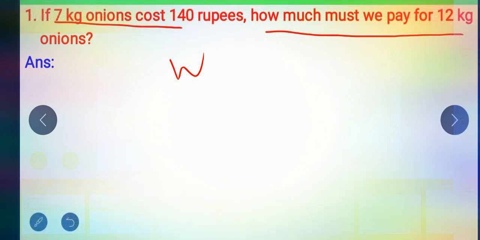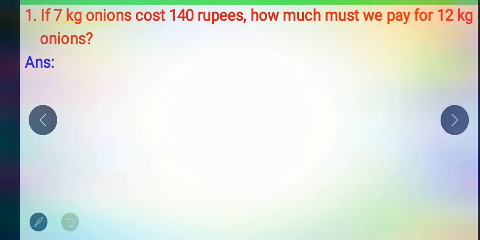Now we'll start with the sum. You will remember, students, in direct proportion the ratio is always equal. I'll repeat again: in direct proportion, the ratio is always equal. How? I'll explain, students.